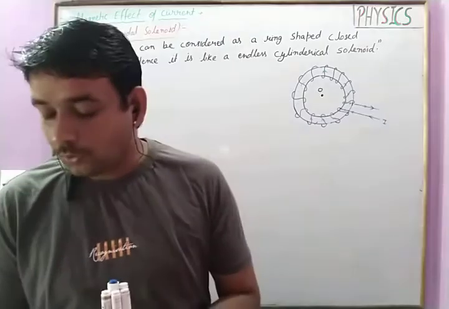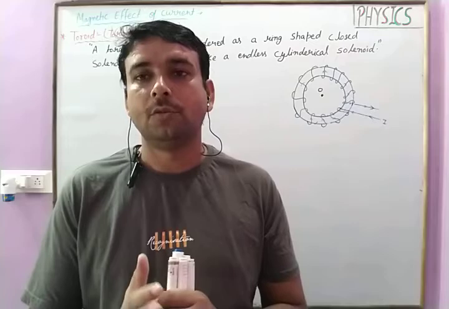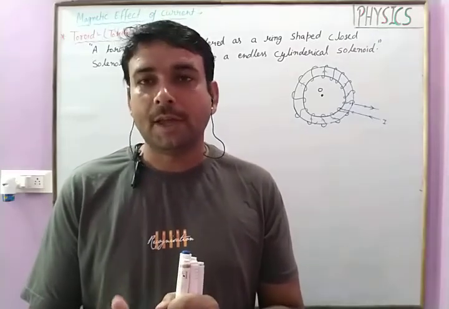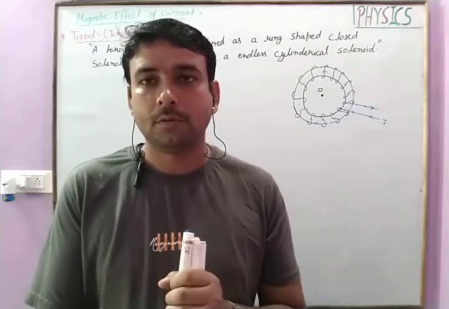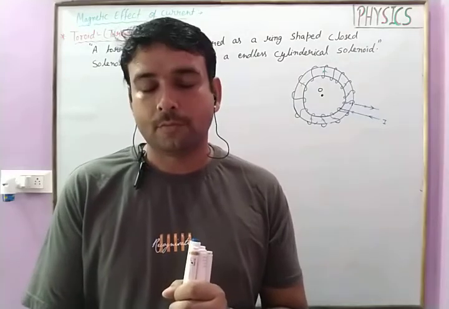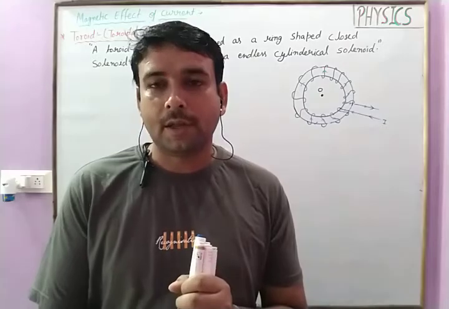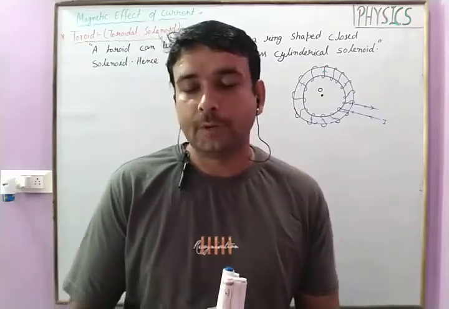So in today's lecture we will understand about a toroid, and by using Ampere's circuital law we will derive a formula for the magnetic field for a current carrying toroid or toroidal solenoid.